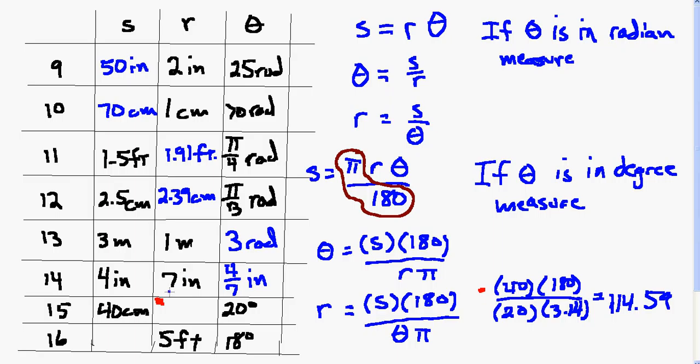And here I'm looking for S. So we're looking at the first measurement here. Radius is 5 feet and theta is 18 degrees.